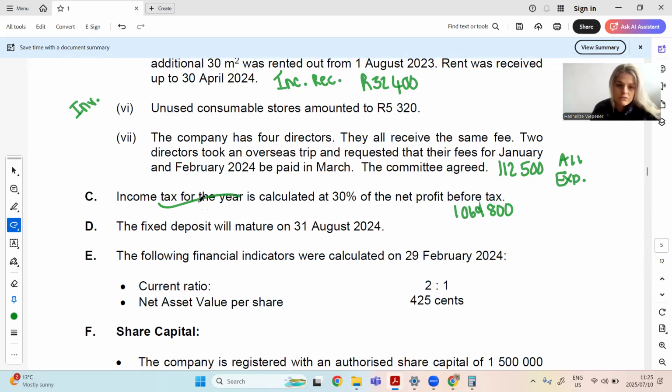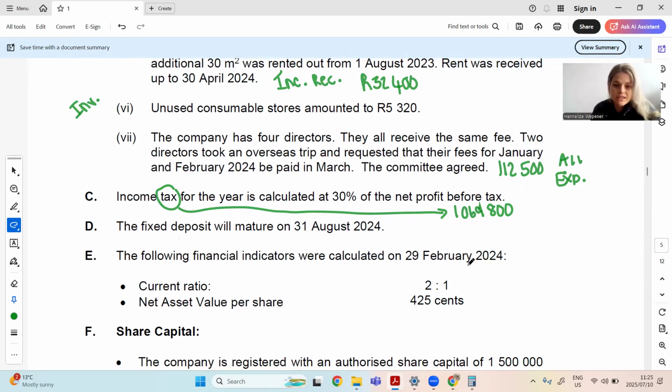So this is the income tax amount. There we go. Okay, then the fixed deposit will mature on 31st of August, so meaning that we will no longer have a fixed deposit, but we will still look at that info, but that's definitely SFP as well.